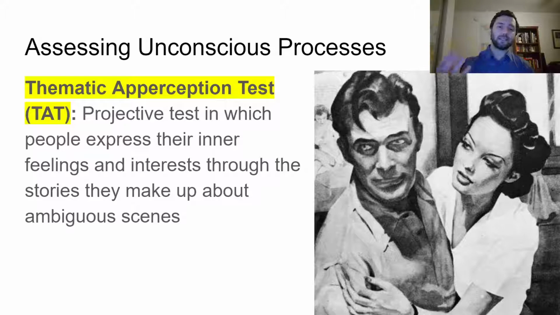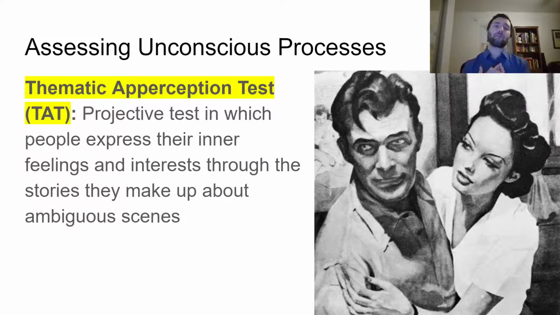And that's the idea. Now again, when you look at this image, there are a million things you could talk about here, right? We have no idea what's going on before this, what's going on after this. Even their facial expressions are kind of hard to read, right? You can look at it and think that there's maybe anger, or sadness, or love. You can read any emotion into it, which is the idea again.